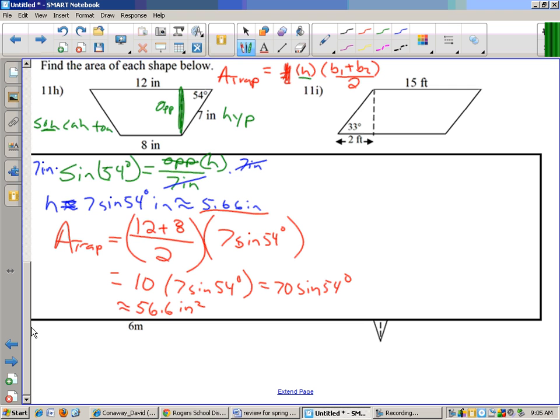Is it 56.6? Yay? Okay. So, by the way, this was inches plus inches, and this was inches. So when I got done, this was 10 inches times 7 sine 54 inches, and that's how I got inches squared, because inches times inches is inches squared. So the approximate area is 56.6 inches squared.